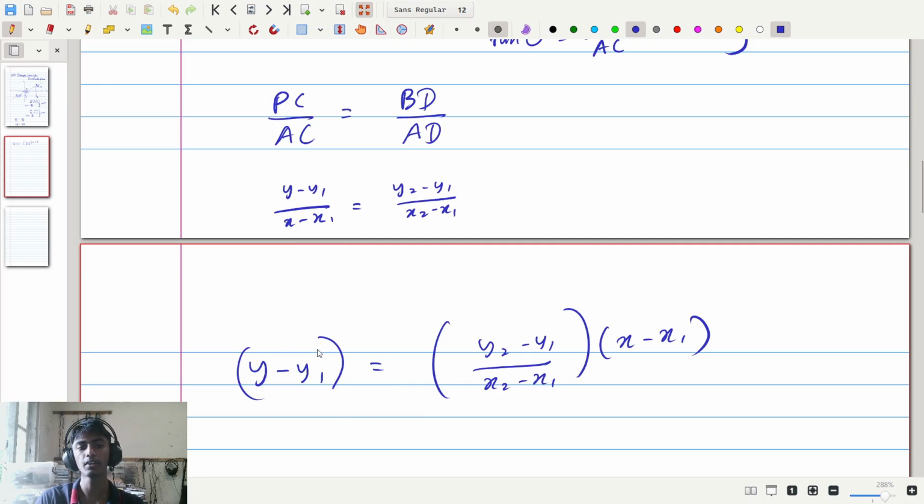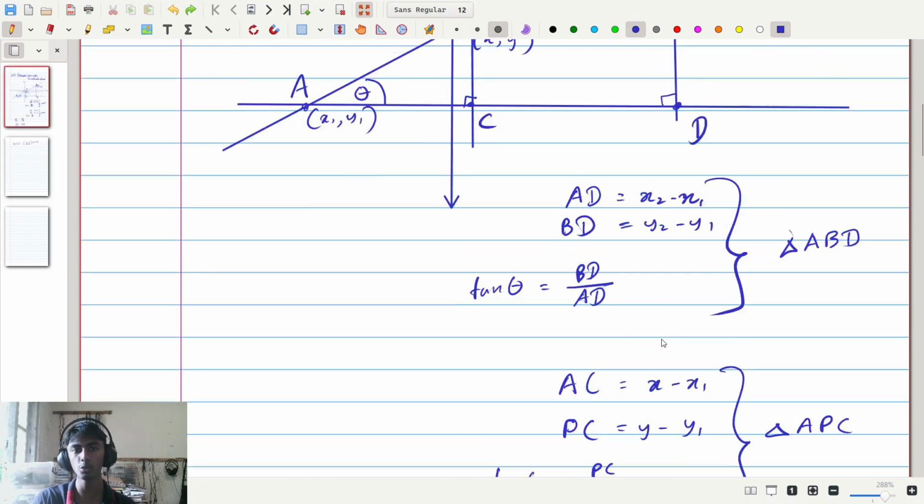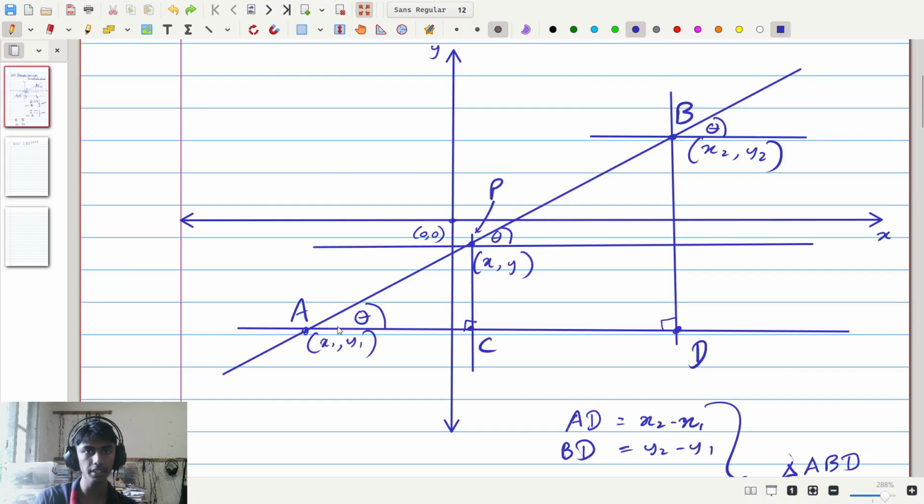It says that y minus y1 should be equal to this value here, which is a constant because y2 and y1 and x2 and x1 are predetermined. We already know those coordinates, they are definite values, multiplied by x minus x1. Now to be clear, it doesn't have to be x1 here, it could be the other point also. You don't have to choose the lower x coordinate and lower y coordinate point. It doesn't matter. You can choose anyone you want.